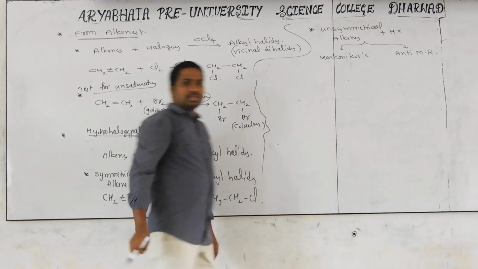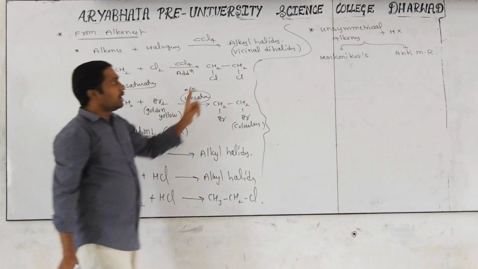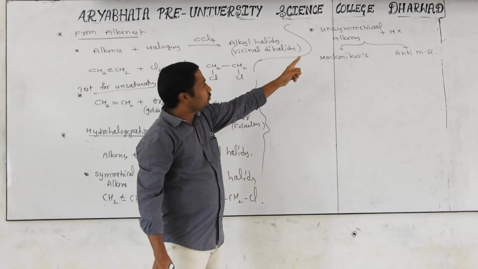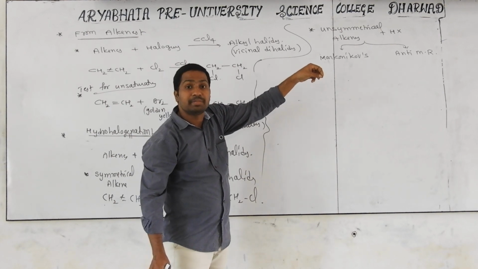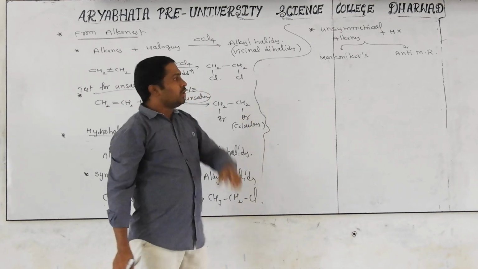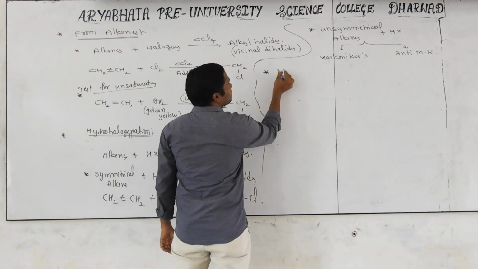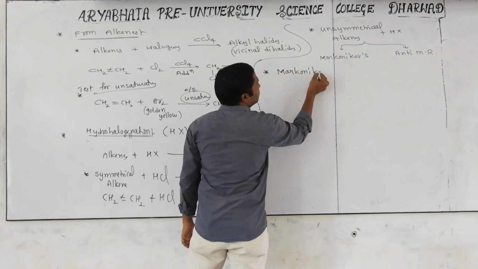With symmetrical alkenes there is no problem, wherever you add you get the same product, but with unsymmetrical alkenes, while adding hydrogen halide you have to follow Markovnikov or anti-Markovnikov according to the given conditions. First of all, we are discussing Markovnikov's rule.